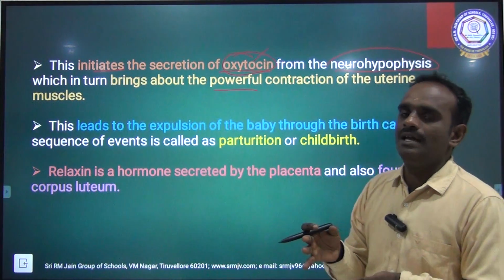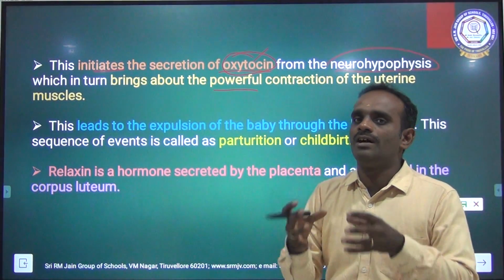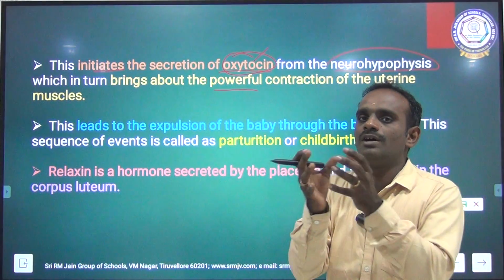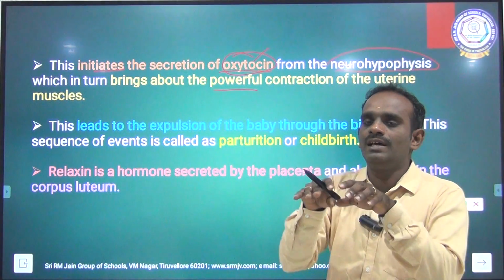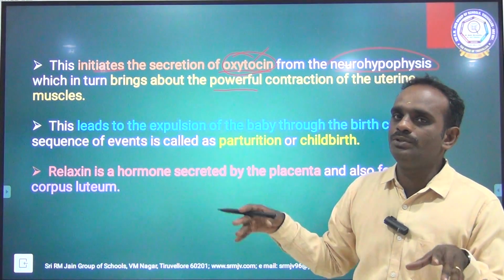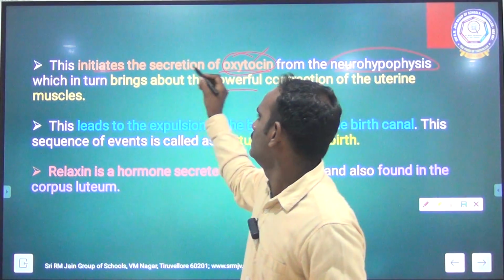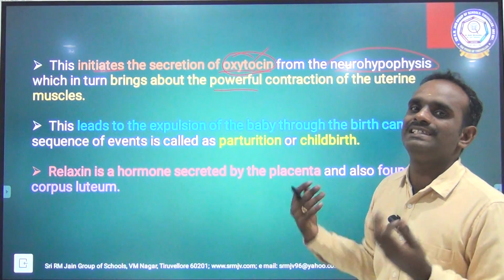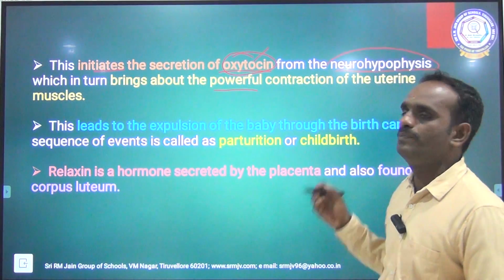Already estrogen plays a vital role in the contraction of the uterus. Due to the contraction of the uterus, there is dilation of the cervix and vaginal canal, and during that time oxytocin is also synthesized by the neurohypophysis.